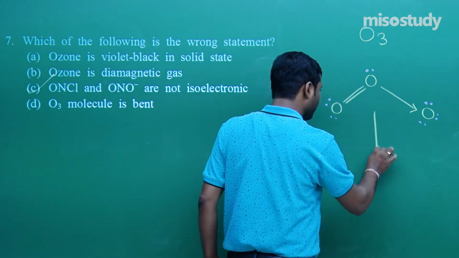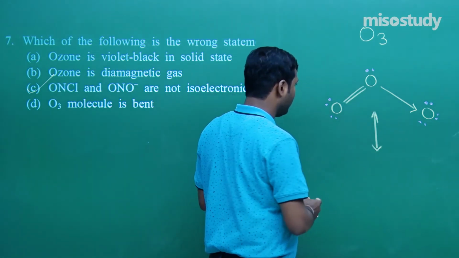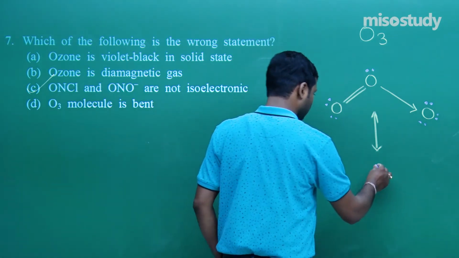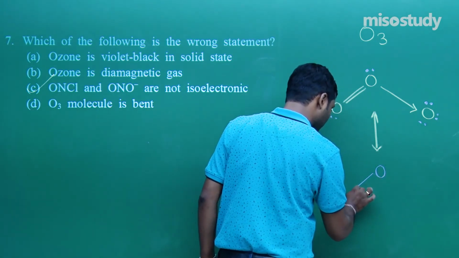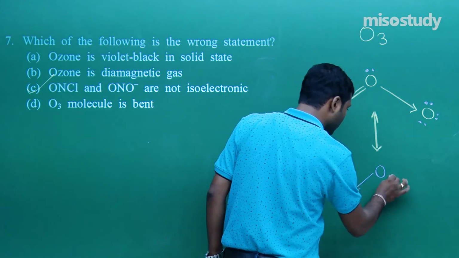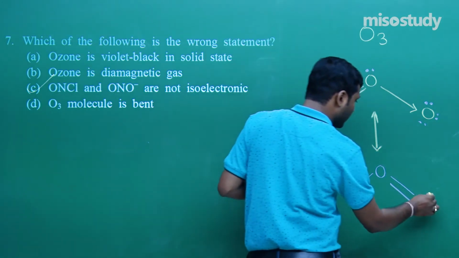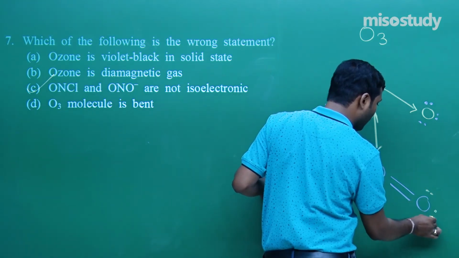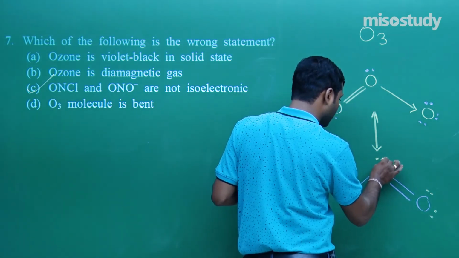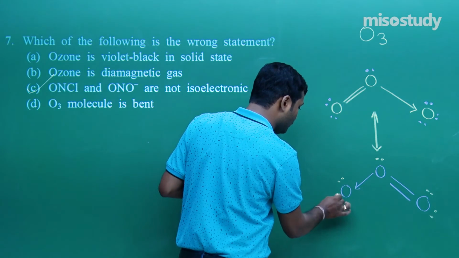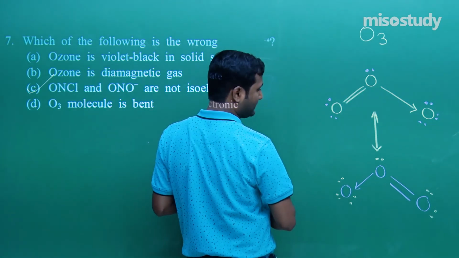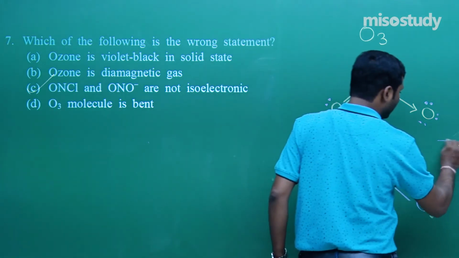What is the second resonating structure in this case? It's very simple. Now O here, this one is O, this one is double bond O. Clear to you? Now put the lone pairs here, 2, 2, 4 and 2, 6. Clear to you? So what is the resonance hybrid?